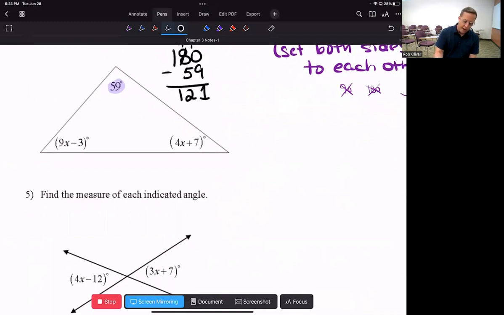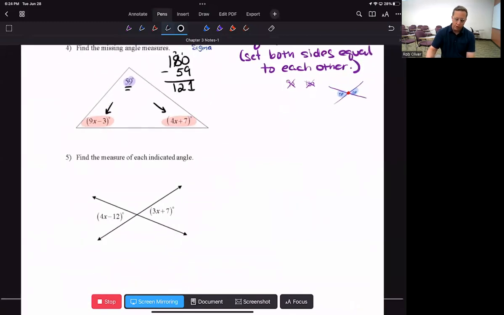What I'm saying is that this angle plus this angle should add up to 121, because we have 121 degrees left over, since we already have 59 degrees accounted for. So those two angles, this plus this, should add up to 121.